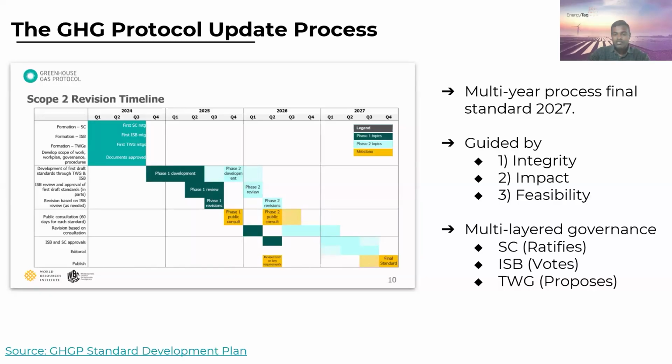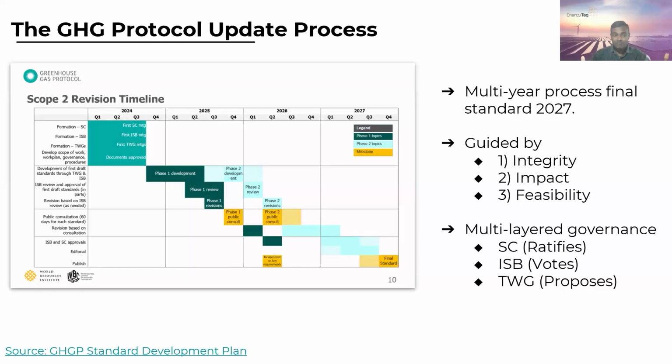presentation today. It's a long process, actually. It's almost a 4-year consultation process in order to update the standard. It's a multi-year process which will conclude in 2027. The whole standard development process is guided by integrity, impact, and feasibility.